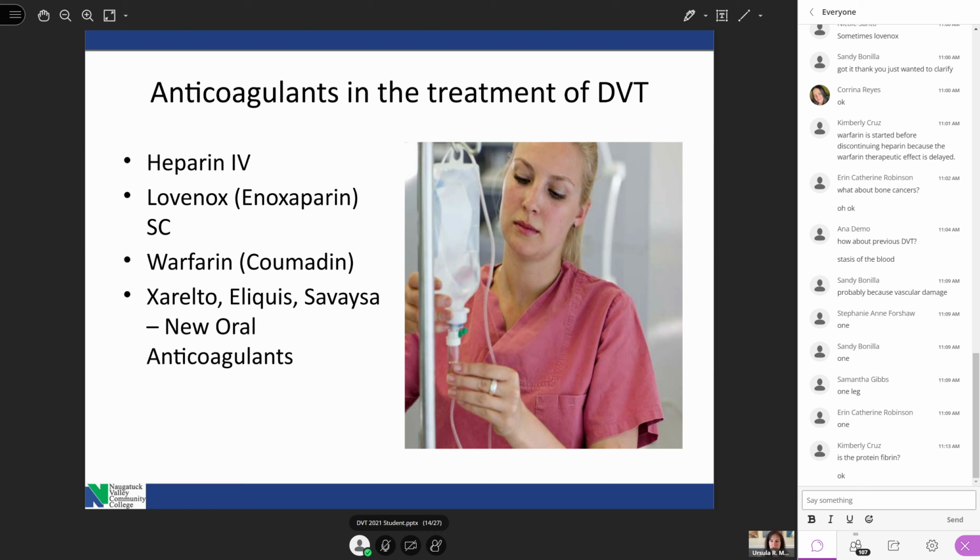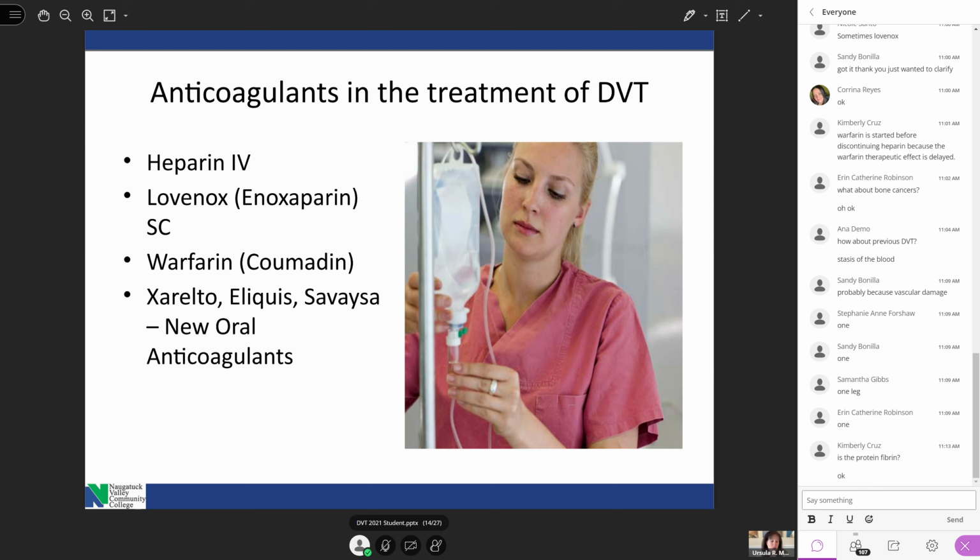Okay, so let's talk about the meds. Extremely important. Like I said, you need to know these medications. Usually the first thing we do, and I say usually because sometimes we do a couple of other things, but most often, if the patient is in the hospital, we put that patient immediately on a heparin drip, an IV drip.